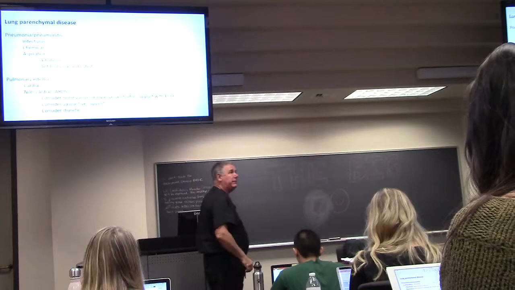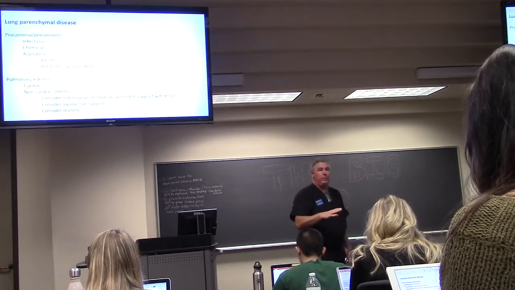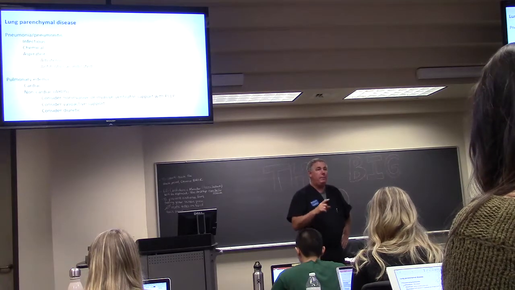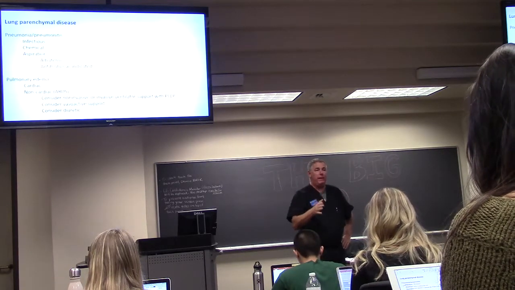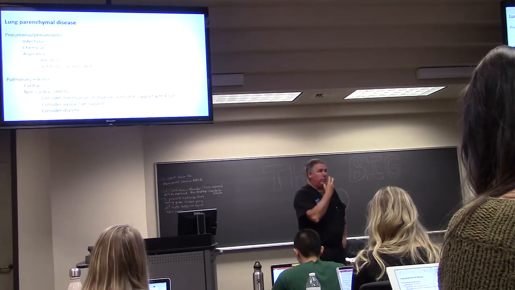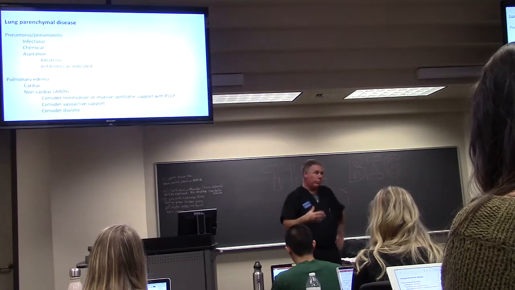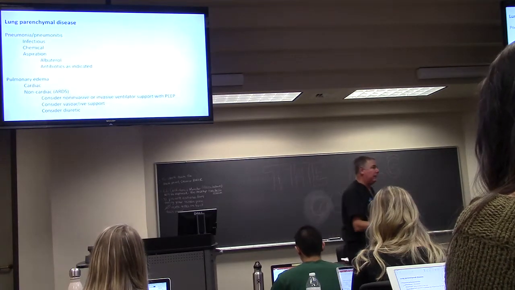Consider non-invasive or invasive ventilator support. You guys talked about putting people on a ventilator already. PEEP is positive end expiratory pressure. That's essentially, you're putting pressure to get the air down through a ventilator or through an apparatus.